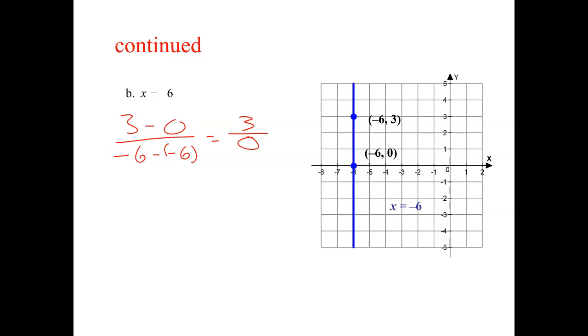Not 0. Undefined. Vertical lines have an undefined slope. Okay? Horizontal lines, slope of 0. Vertical line, undefined slope.